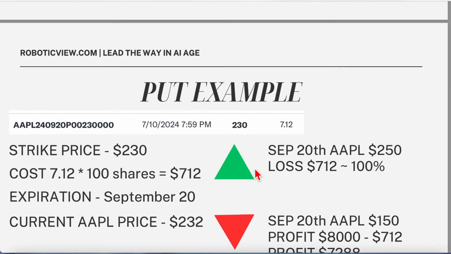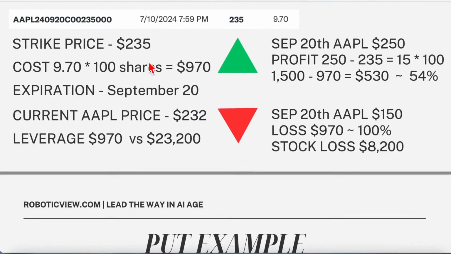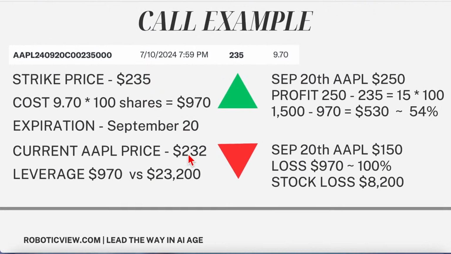And here we have the question: what is the current Apple price? Honestly, I do not know. Yesterday I think it was somewhere around 232, and again I'm using Apple here just as an example, okay?